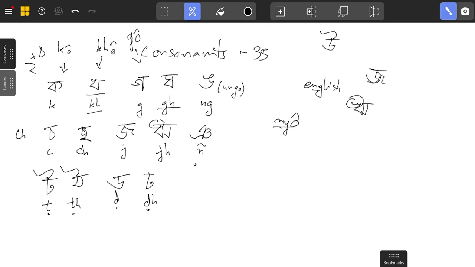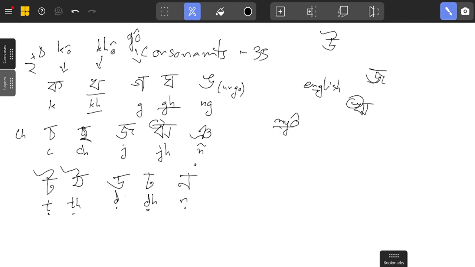It's kind of like the English T, but much harder. If you have heard an Indian speak English, you'll know that accent, the hard T's and D's. This particular group of letters is what shapes that way of speaking. Ta, tha, da, dha, na.